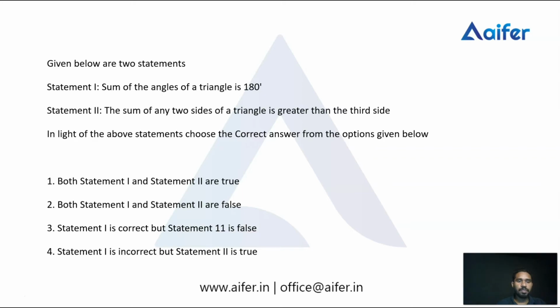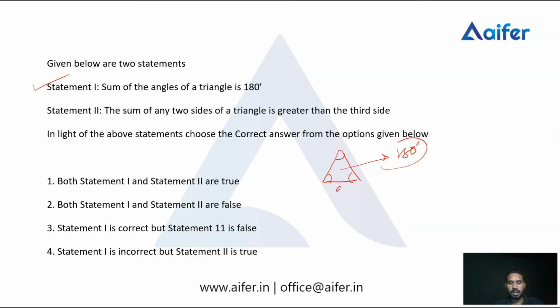Statement 1 is: the sum of the angles of a triangle is 180 degrees. So it's a true statement: a triangle has 3 internal angles, and the sum of these 3 internal angles is 180 degrees. So the first statement is correct. Then, the sum of any two sides of a triangle is greater than the third side. This statement is also true according to the triangle inequality.